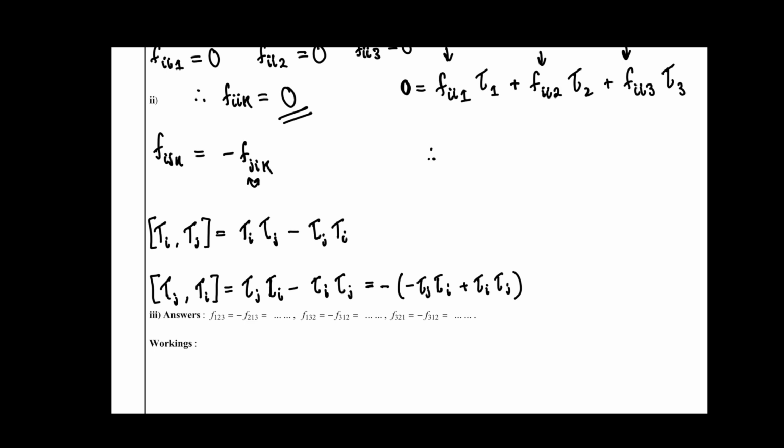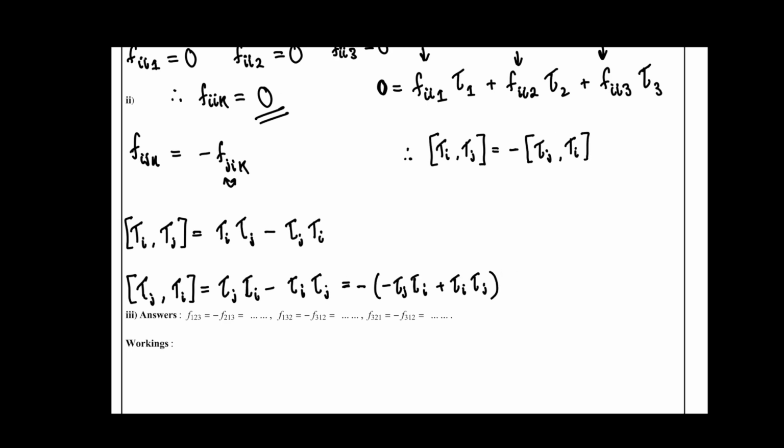Therefore, we can say that the commutator of tau i and tau j will be equal to minus the commutator of tau j, comma tau i. Now we know this is going to be equal to f_ij1 tau 1 plus f_ij2 tau 2 plus f_ij3 tau 3. So that is that.